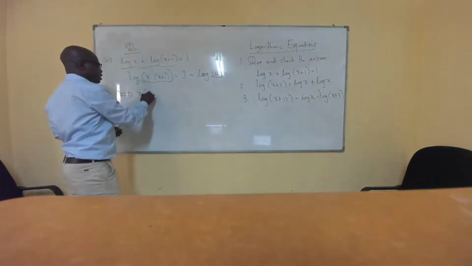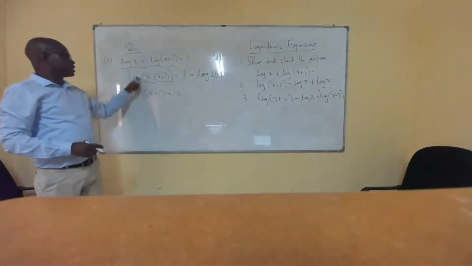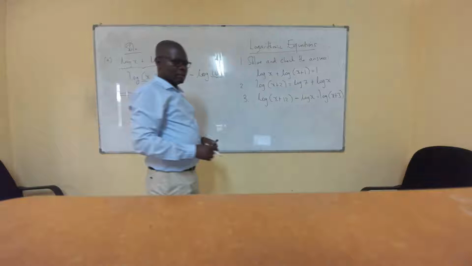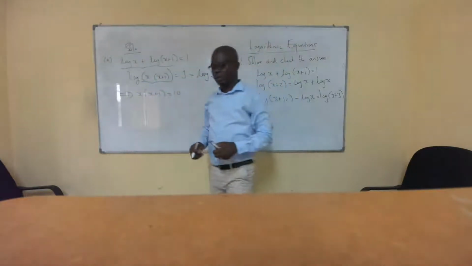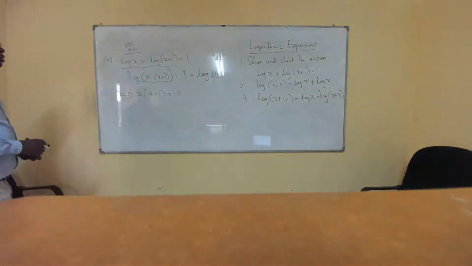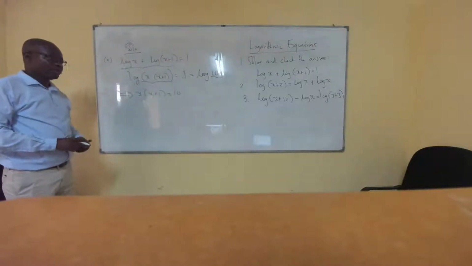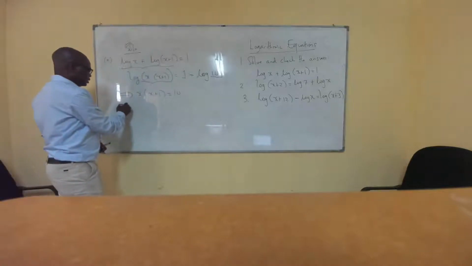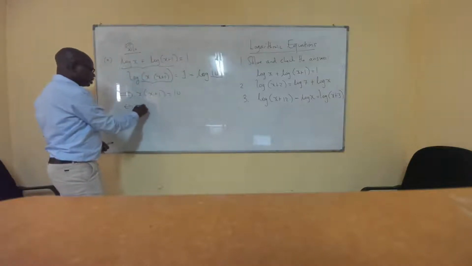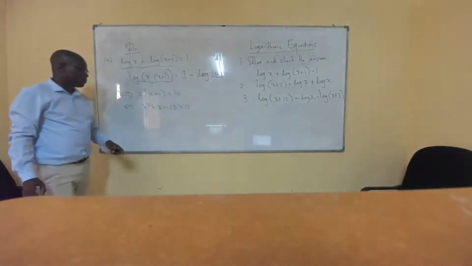Therefore, I can write x times (x plus 1) equals 10. It's not necessarily cancelling the log as the name of the function. We are using the property of logs. We know it's a 1-to-1 function. Therefore, we can write like this. Then from here, we have x squared plus x minus 10 equal to 0.